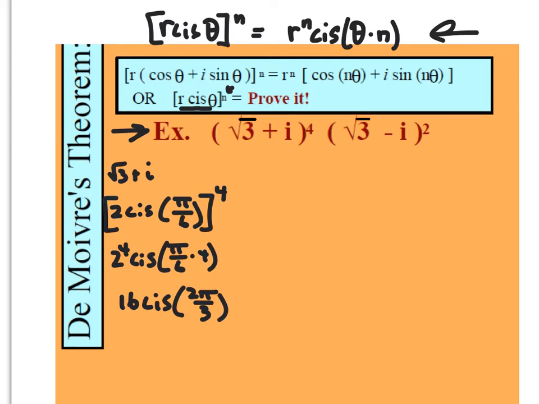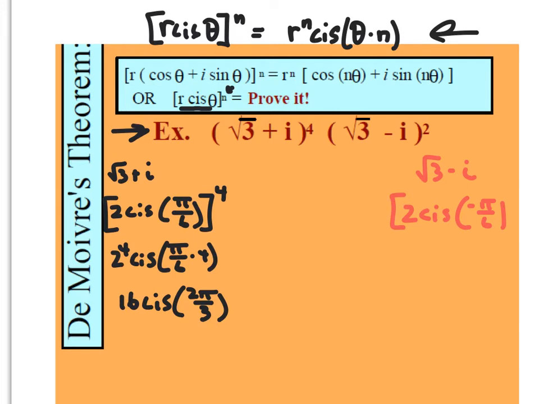Okay, same thing over here. If I were to do this for root 3 minus i, that would be 2 cis, that's in quadrant 4, so that'd be 2 cis negative pi over 6.